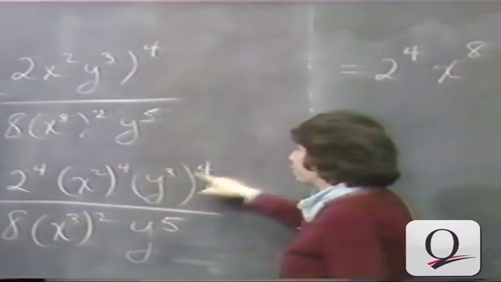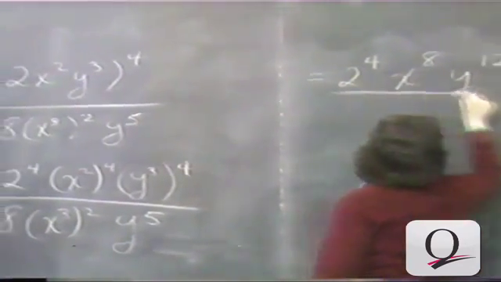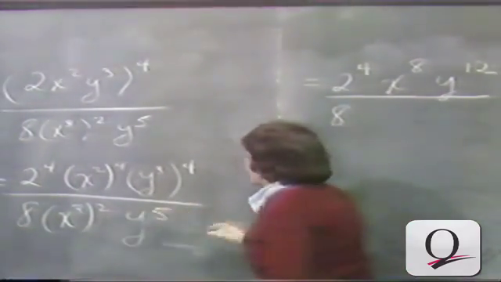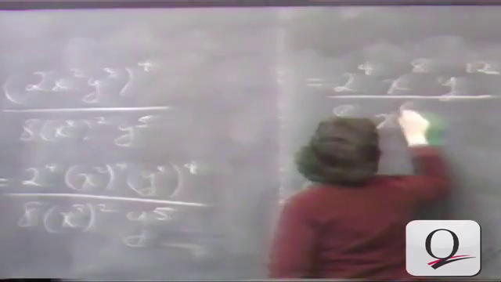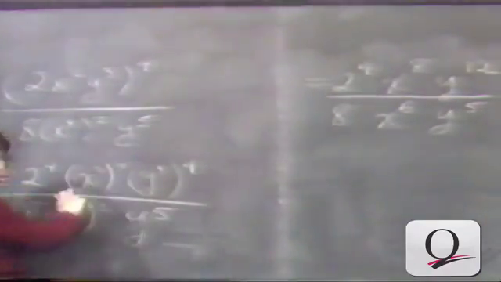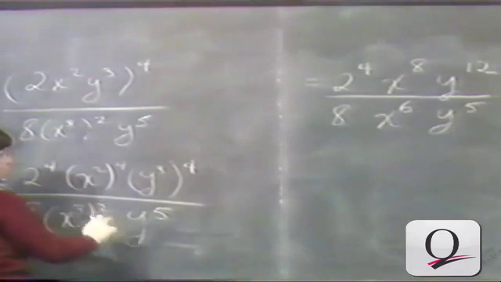Y cubed to the 4th is y to the 12th, over 8. X cubed squared is x to the 6th power, and then y to the 5th. Each case, when we have a power to a power, I multiply the powers. 2 times 4 for the 8, 3 times 4 for the 12, 3 times 2 for the 6.